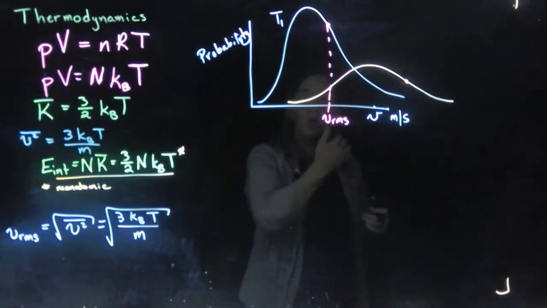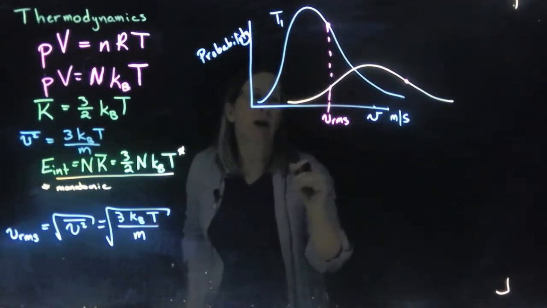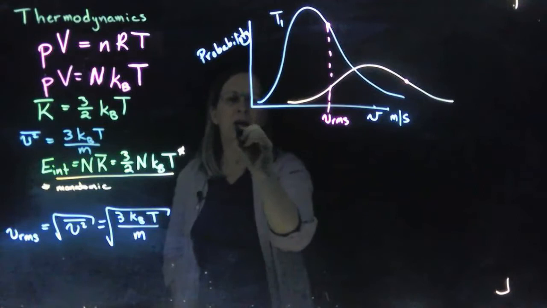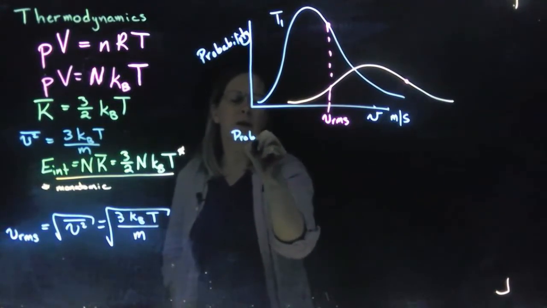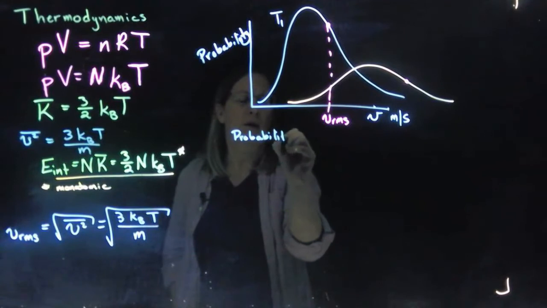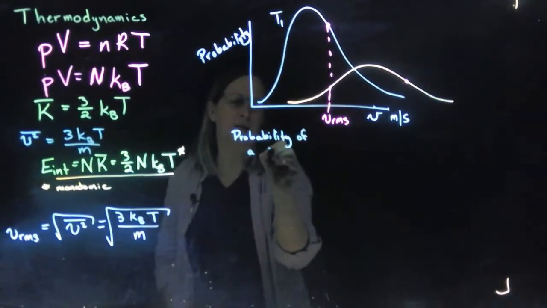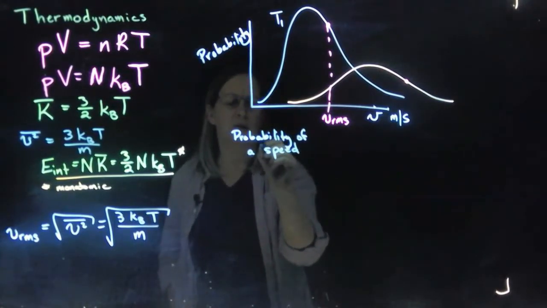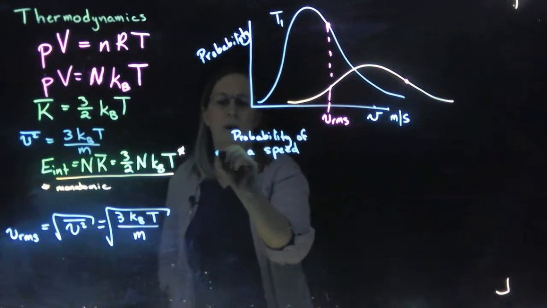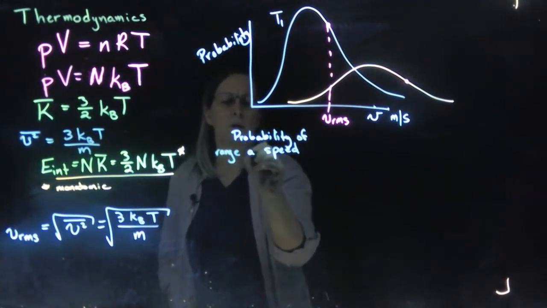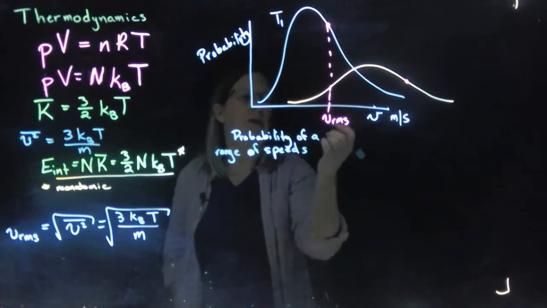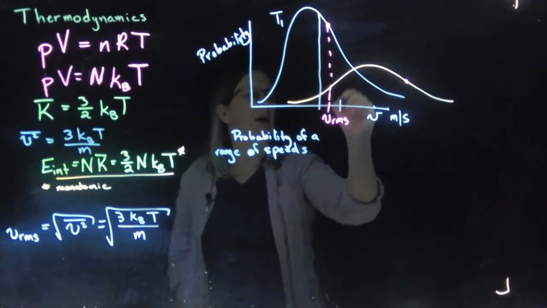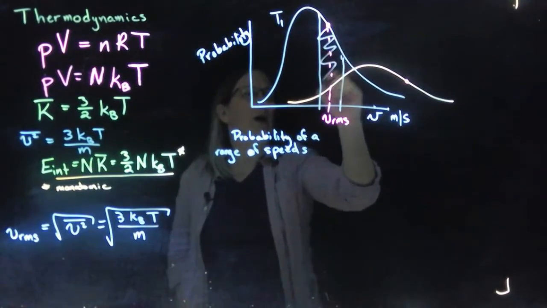And so the way we read this is we can say the probability of a speed in some range of speeds, say, what's the likelihood of having a speed between here and here, would be the area under the curve.